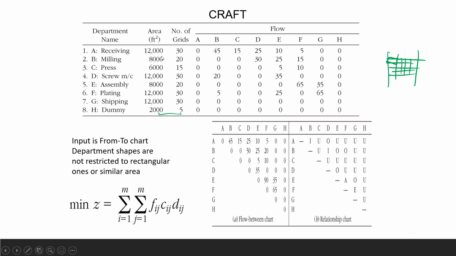Yung area, malinaw na naman yan sa inyo. Okay, so ilang square feet kada isang grid? 400. Ibig sabihin 400 square feet per grid. Sa isang box na gano'n, ang ibig sabihin yan, 400 square feet yan. Okay, so kung i-divide natin to 400, 400, 400, 400. Pare-pareho. Okay?